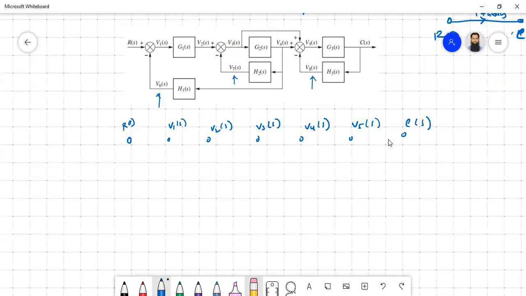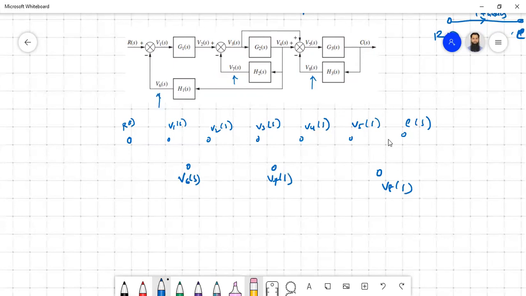Okay, now next, on the downside, I think we have V6 of S, and here V7 of S, and here we have V8 of S. Okay, so let's try to convert it.